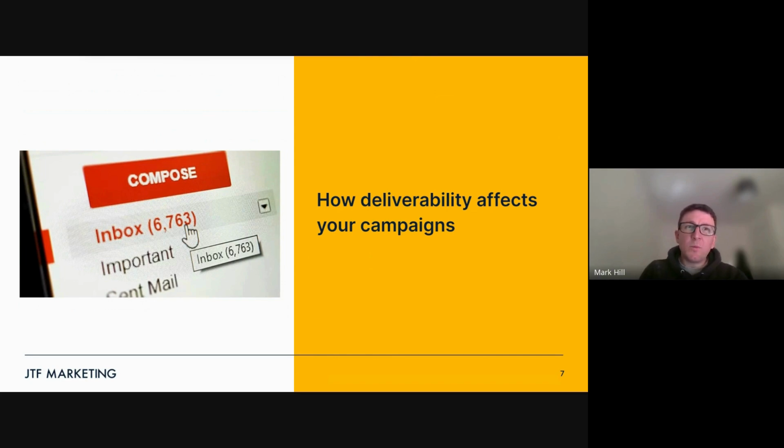It's said that 1 in 5 commercial emails don't make it to the inbox. That's up from 1 in 6 last year. There's no reason that email service providers want to limit or prevent commercial emails from getting through, but they are faced with a large number of bad actors trying to take advantage of users, often in criminal scams.